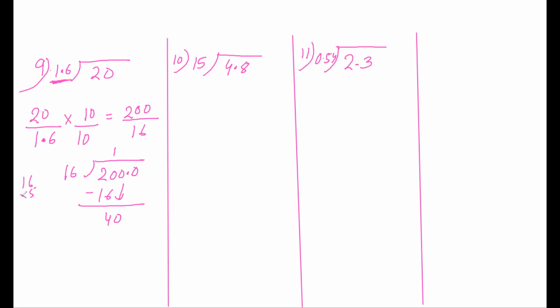16 times 5, let us see. No, it's a big number. 16 times 3. I think 16 times 3 is 48. Again, that's a big number. What should I take? 16 times 2, 32.